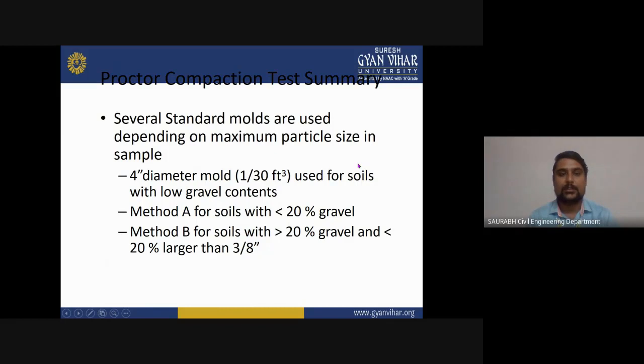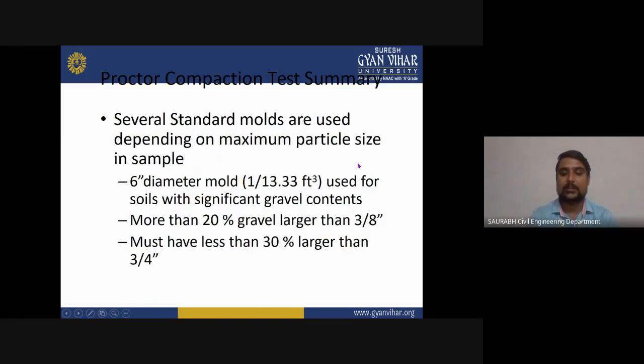Now we will come to the several standard molds which are used depending on the maximum particle size of the sample. A 4-inch diameter mold, which is equal to 1/30 cubic feet, is used for the low gravel content method, a soil which has less than 20% of gravel. Method B is for soil where it will be greater than 20% of gravel and 20% larger than 3/8 inch.